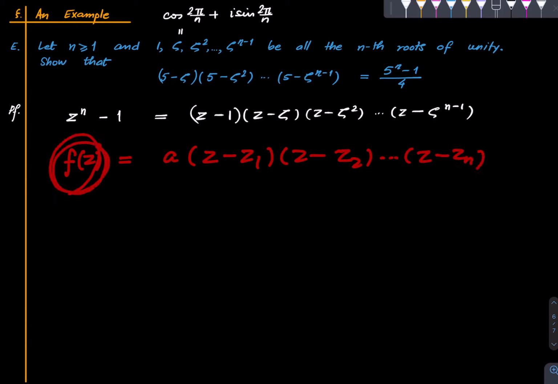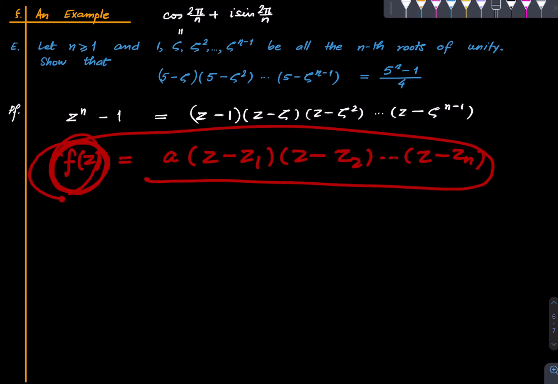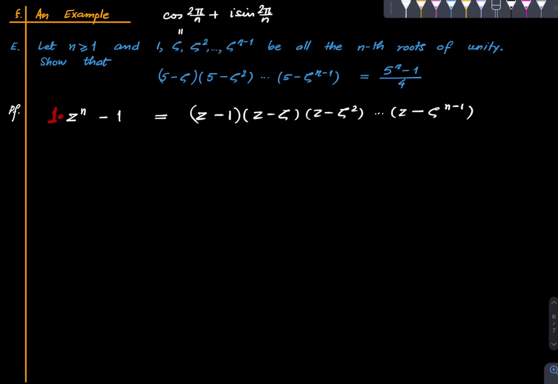So if this is an n degree polynomial, then f of z can be written in this fashion, where this constant is basically the leading coefficient, meaning the coefficient of z to the power n. And that is what we are doing here. The coefficient of z to the power n is 1, so there is a 1 here, and these are all the roots, 1, zeta, zeta square, and so on.